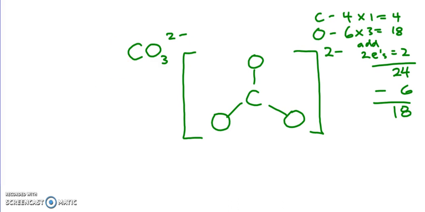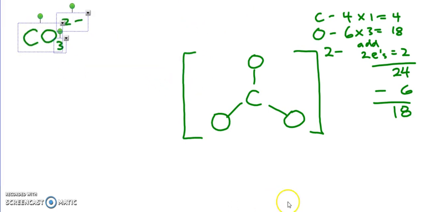Now, let's get this over so it doesn't get confusing. And now let's go ahead and put our electrons in. We have 18 to give, right? Yes. Okay, we have 24 because we have the 2 electrons extra. Okay? That's what this is all about.